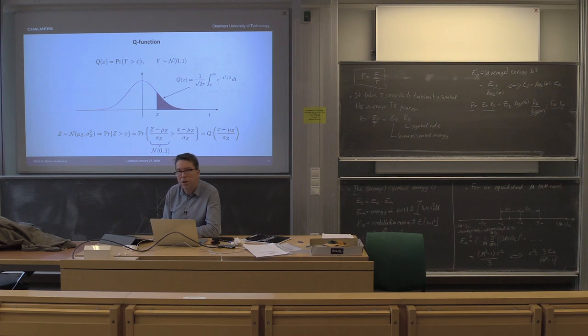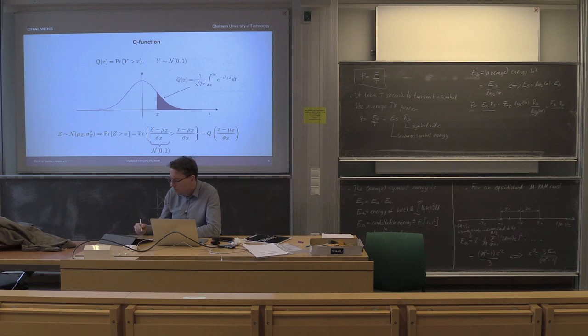The Q function we use to denote the probability of the Gaussian tail. So Q of x is the probability that y is greater than x, where y is a standard Gaussian random variable. Okay, so you've seen this in tables before.